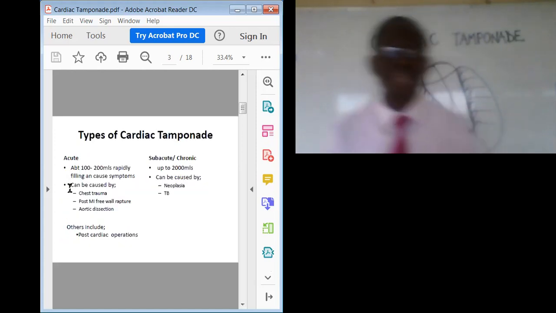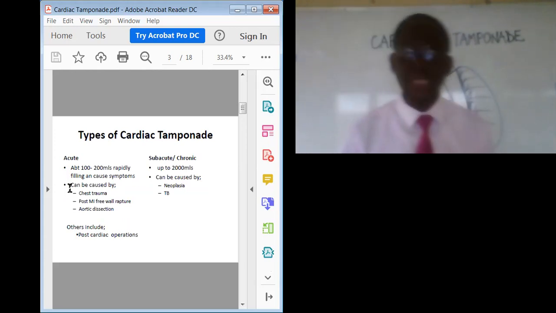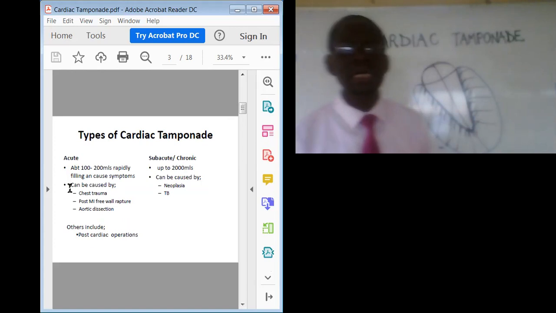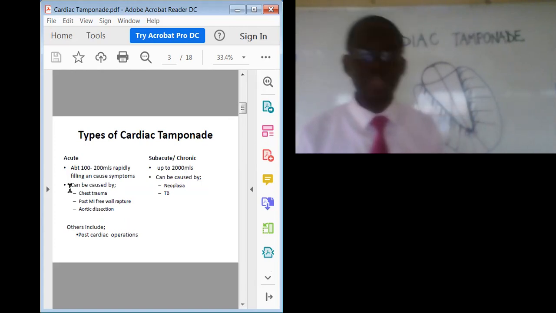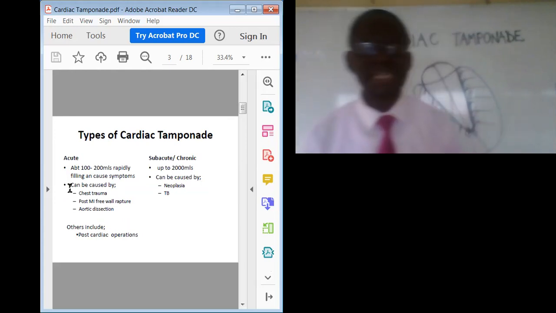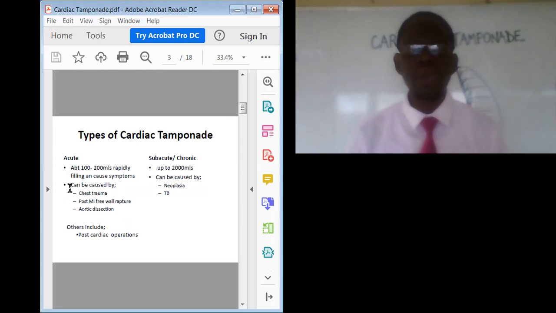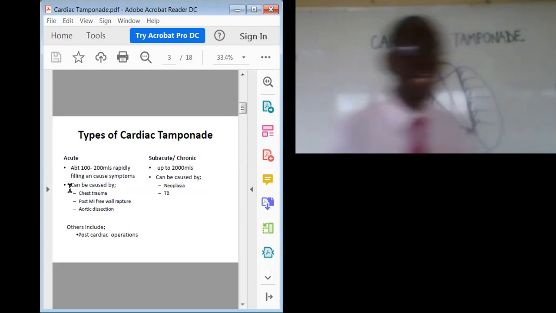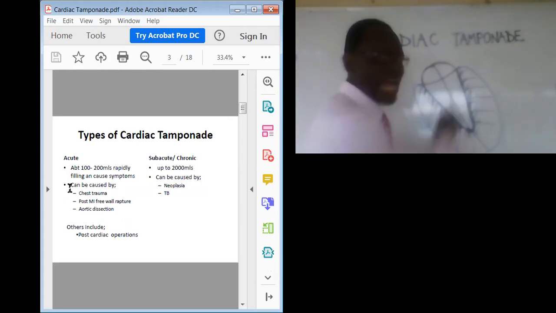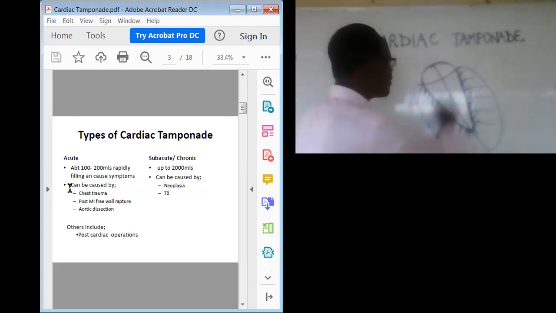Now, what are the types of cardiac tamponade? We have what we call acute and subacute or chronic. The acute is as a result of fluid accumulating rapidly in the sac, yeah?